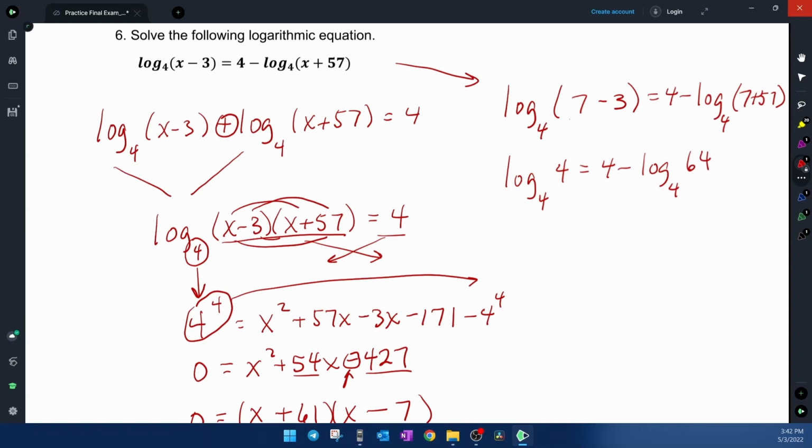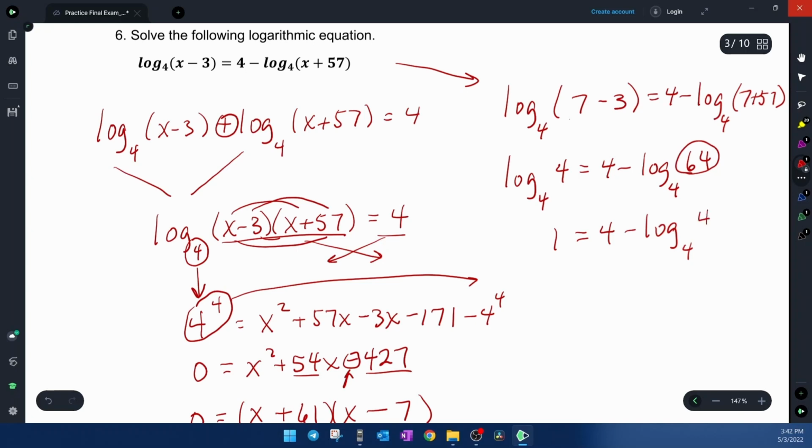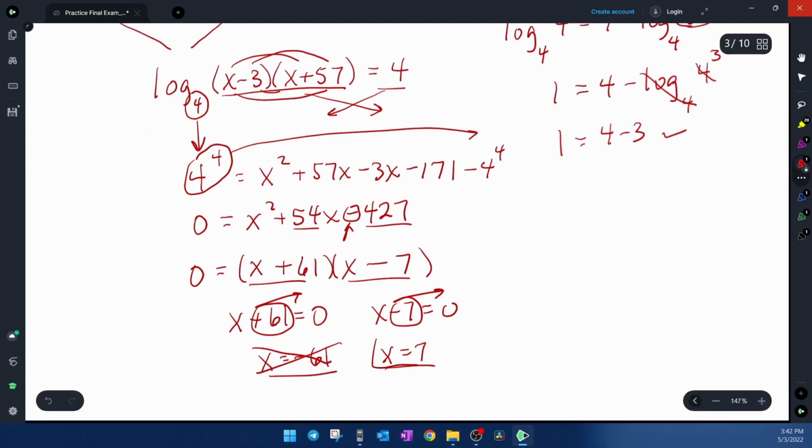Now log base 4 of 4 is 1, and on the other side we can use the method of common bases, knowing that 64 is 4 cubed. And so here the bases match, so they cancel. That's going to give us 1 equals 4 minus 3, which checks out. And that means that x equals 7 is the only valid solution. And so that's going to do it for that problem.